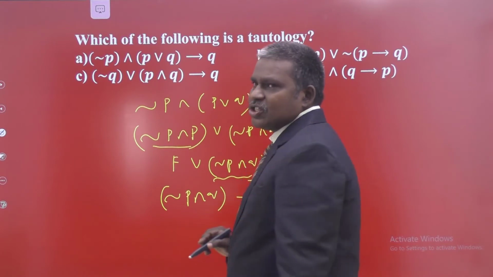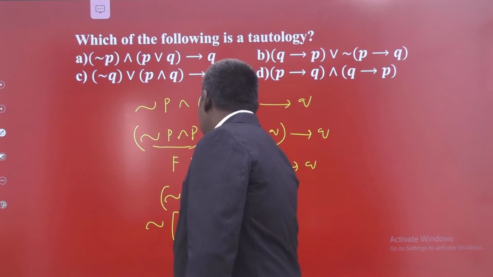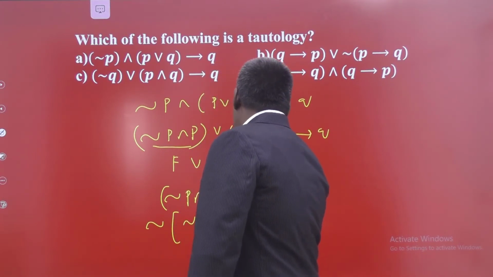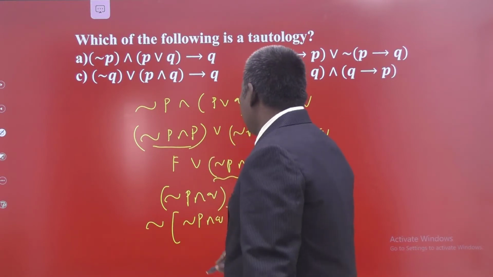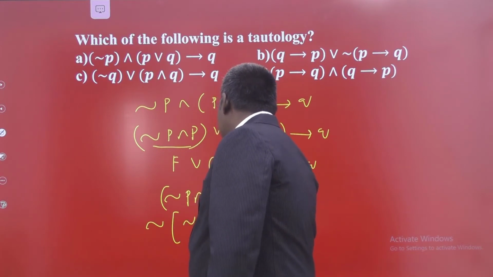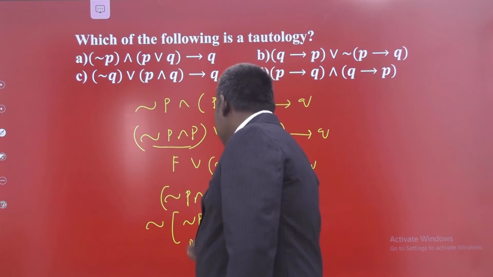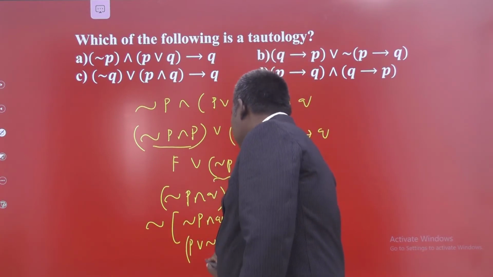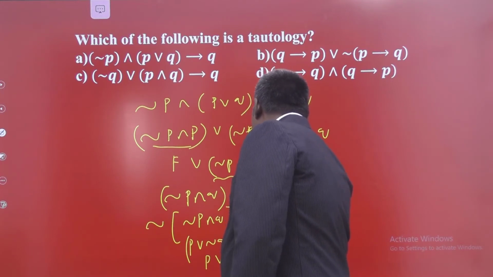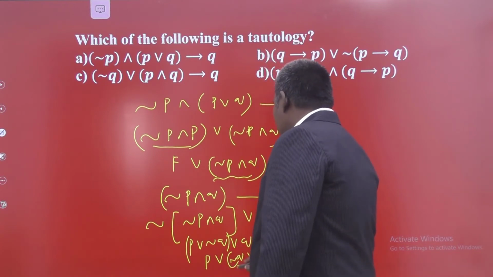P → Q means what? ¬P ∨ Q. So ¬(¬P ∧ Q) ∨ Q, which means P ∨ ¬Q ∨ Q. Now ¬Q ∨ Q means what?